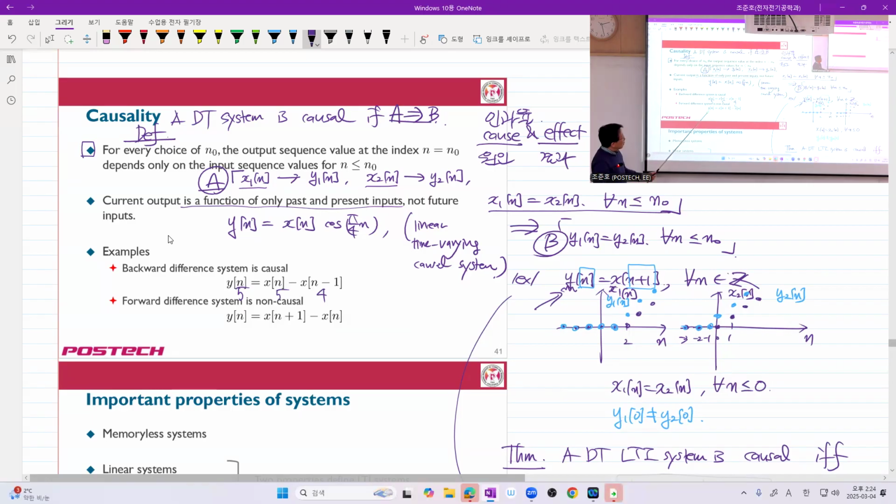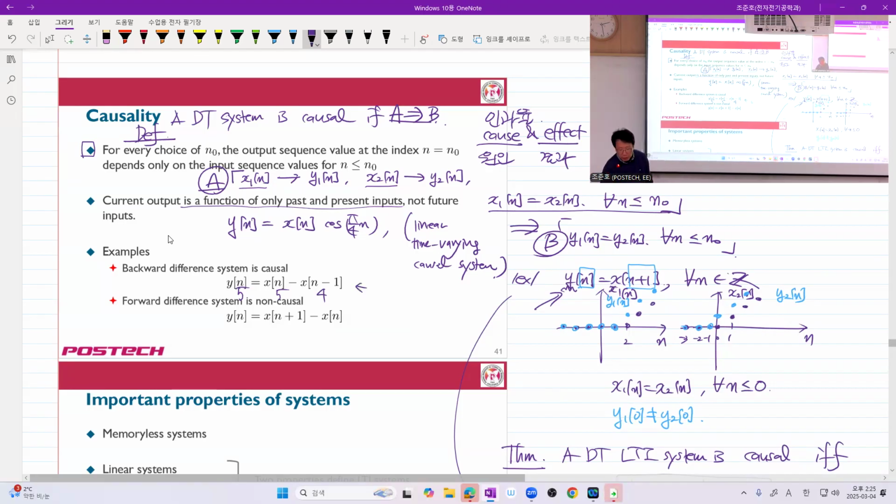See that? The current output is what? The difference of 2 consecutive inputs, but this uses a future value, okay? And this is causal, and this is not causal. And of course we need some constraint, but let's assume that this is an LTI system.